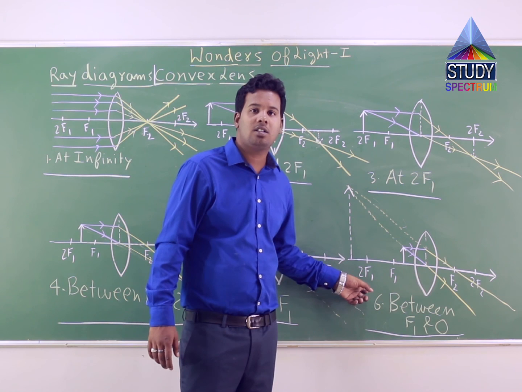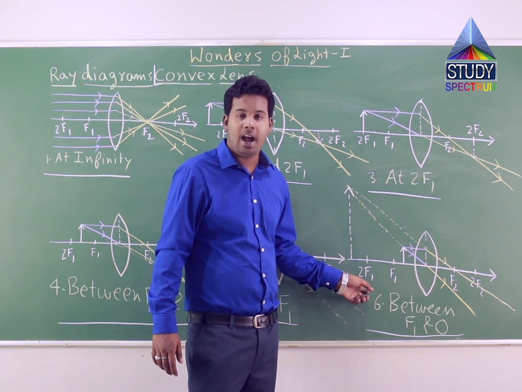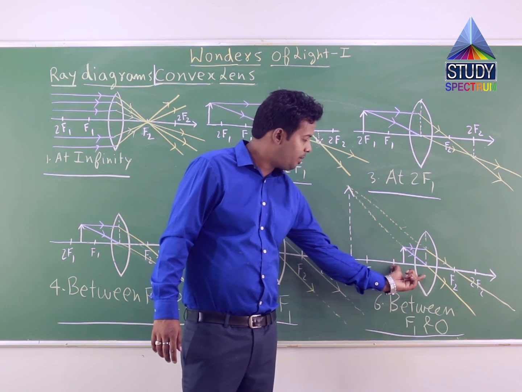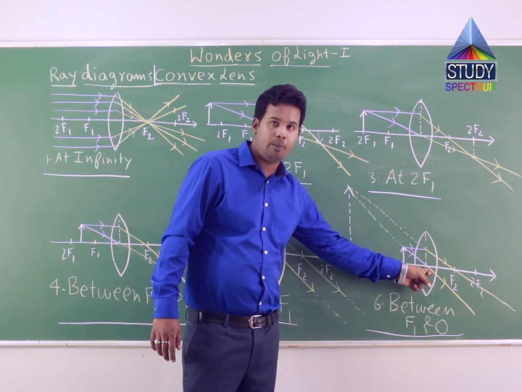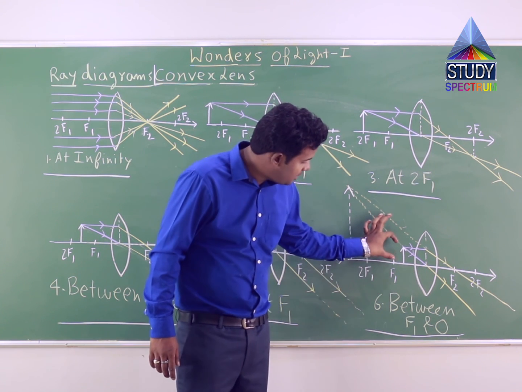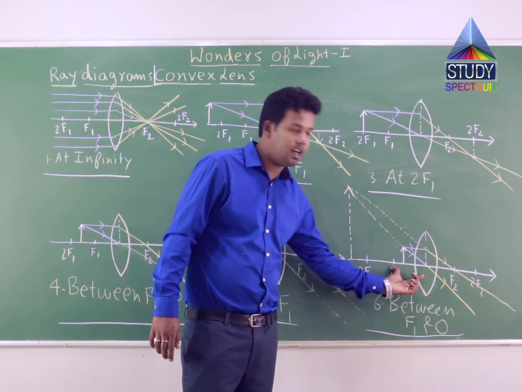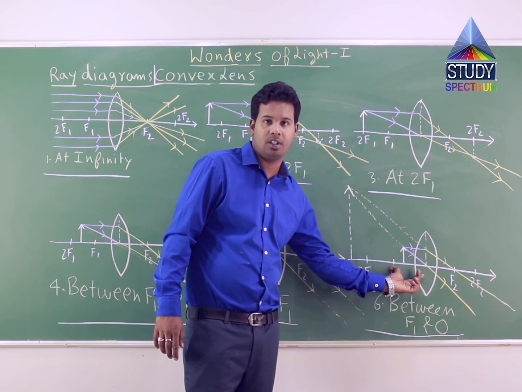Now the last case is when the object is placed between f1 and optical center. This point is optical center, this point is the first focus point, and this dark white arrow which you see is the object, placed between f1 and optical center. Correct?